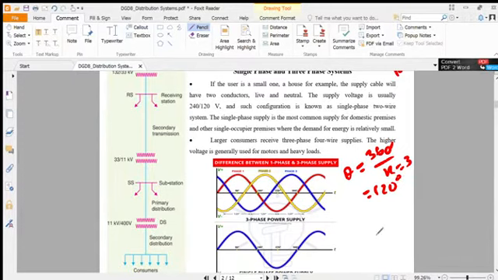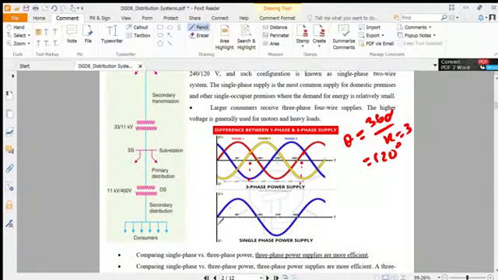So this is phase 2, which is 120 lagging, and the third one is 240 lagging. So here are phase 1, phase 2, and phase 3, and here is the single phase system.